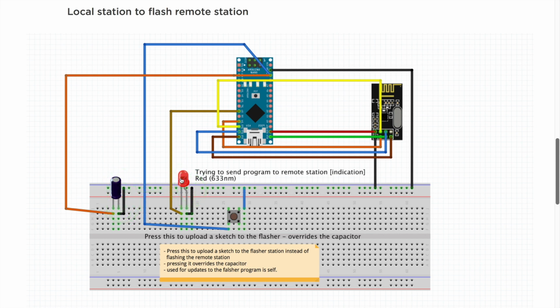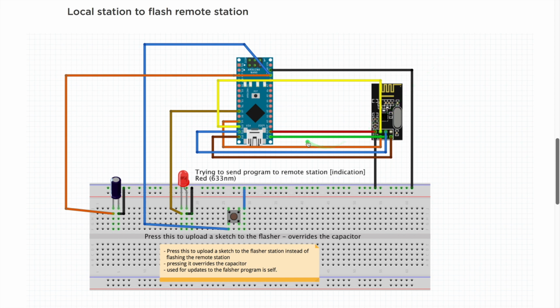This LED is just for debugging, so you will know what's happening, because you're going to see in the code that it's gonna try a couple of times before it's gonna quit, because maybe the other station is not in bootloader state. They have a protocol to sync the burning process.